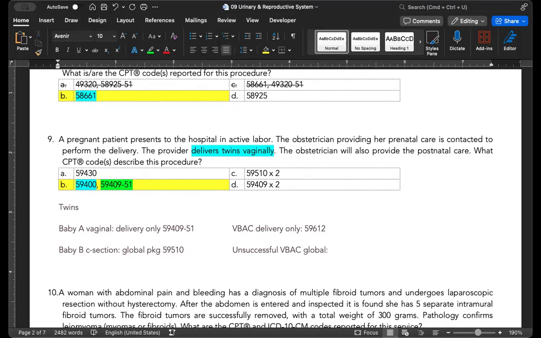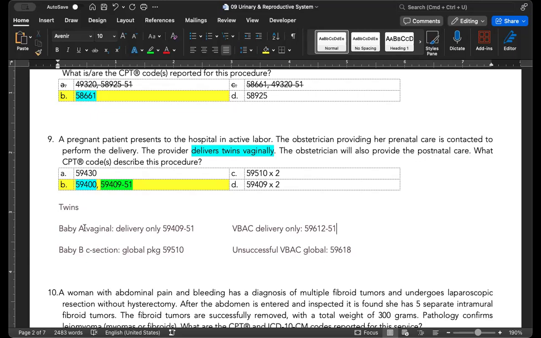So it's an attempted vaginal delivery after C-section and not a successful one. This would be 59618. And then as always, we should put the 51 on baby A because it's multiple procedures.